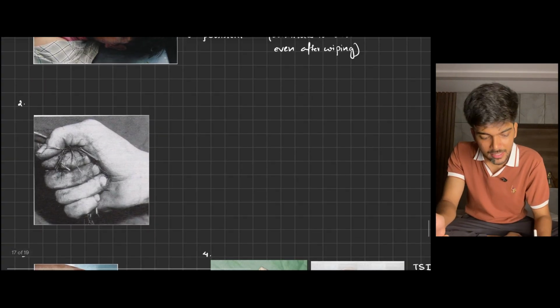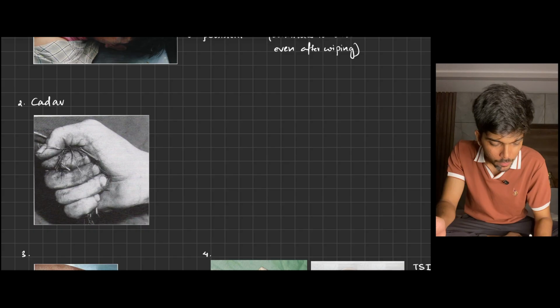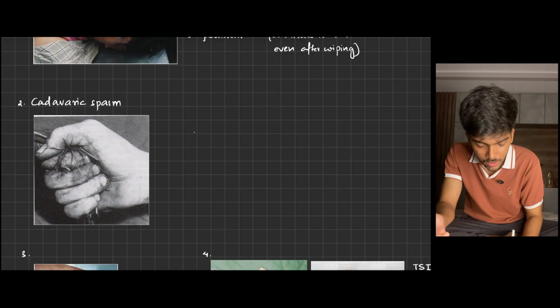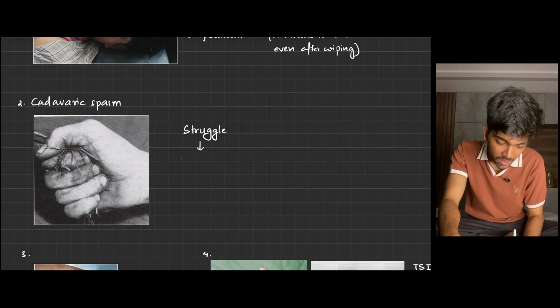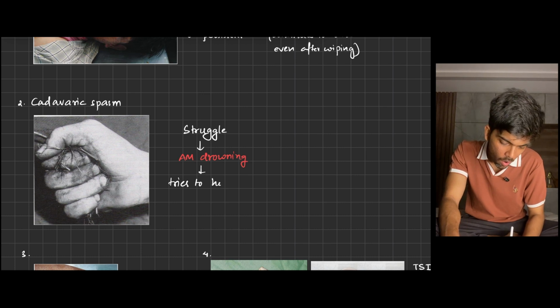Okay, second is cadaveric spasm. Cadaveric spasm is a result of struggle again, struggle. And whenever there is a sign of struggle, it is seen in ante-mortem drowning. What type of struggle? Trying to hold on to anything, grass, mud, whatever.